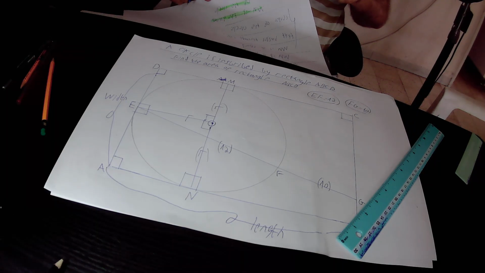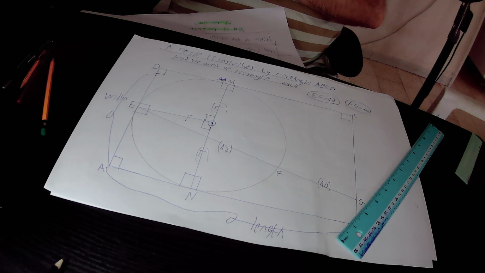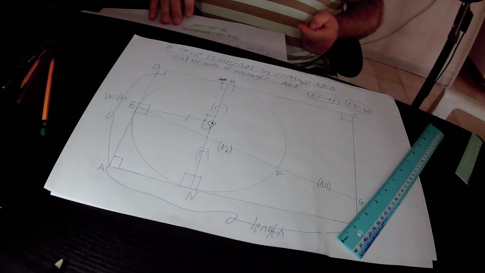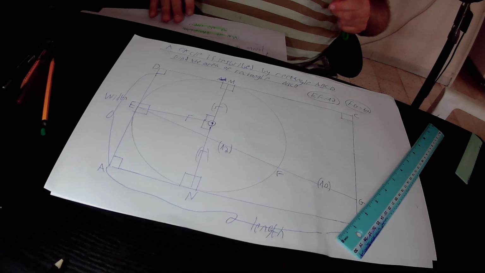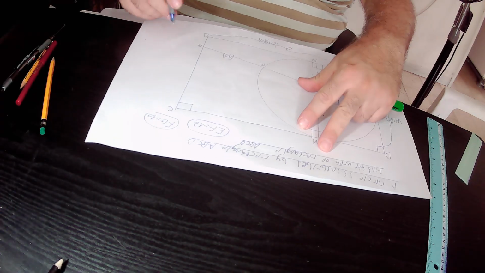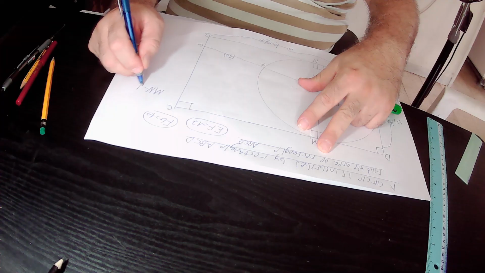MN is the diameter of the circle. In the next step, I wrote here that MN is the diameter of the circle.